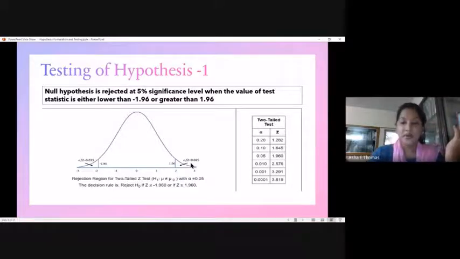So a two-tailed test is used when we do not know the direction of the value, whether it is more than or less than. There are different types of hypothesis testing: testing of mean, testing of variation, that is proportionate variation, or testing of relationship, like cause and effect.